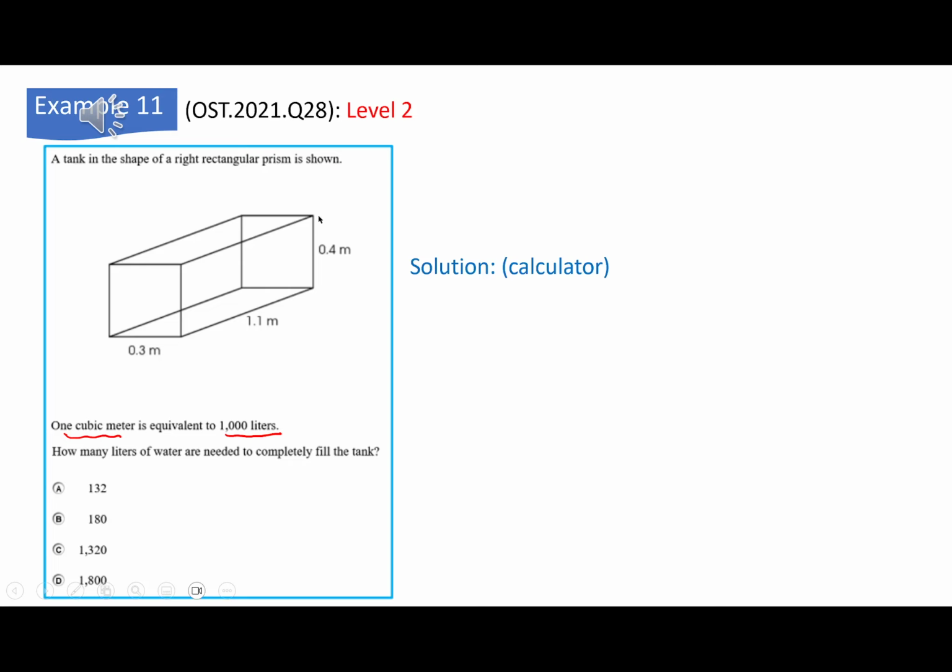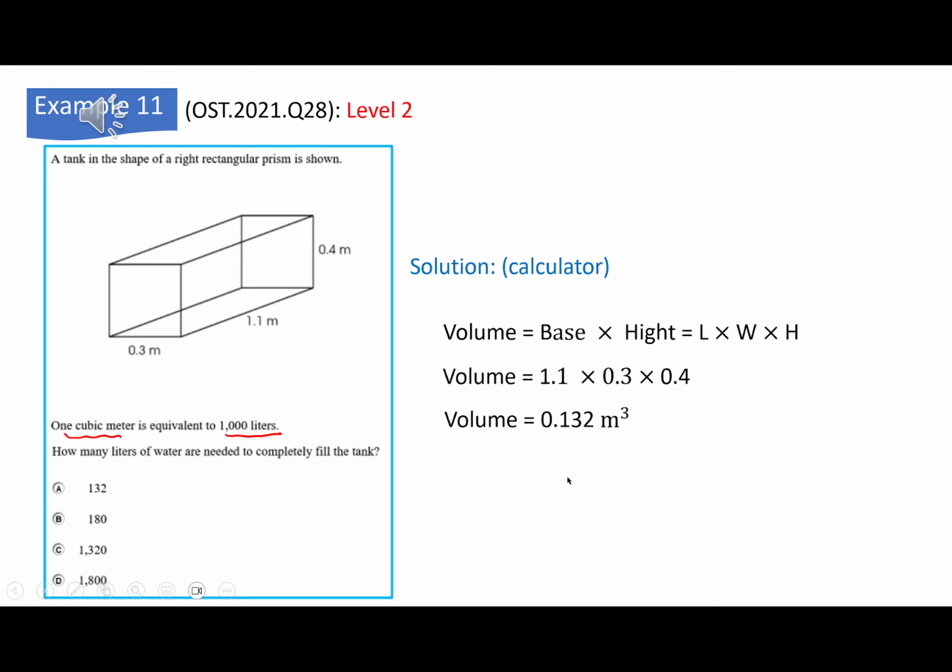Length times width times height. You multiply these three numbers and you get 0.132 cubic meters. But now I'm told every cubic meter is 1,000 liters. So I multiply this by 1,000. I get 132 liters, and that's your answer right there, 132 liters, okay?